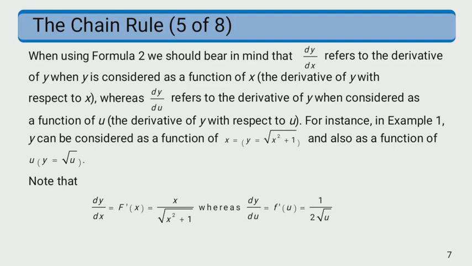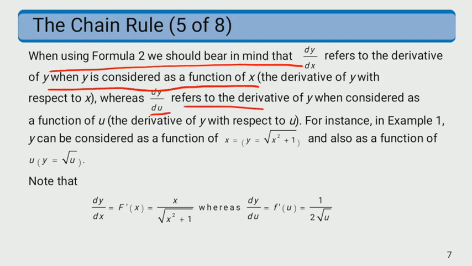So what are we saying here? We are saying, remember that dy dx is nothing but the derivative of y as a function of x. So it means we are taking the derivative of y with respect to x. And then dy du, we are taking the derivative of y with respect to u.